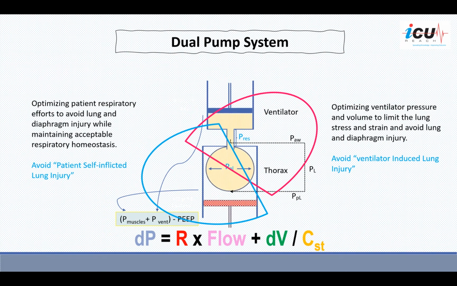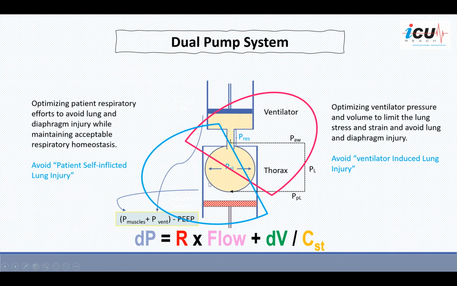On the other hand, we need to optimize patients' inspiratory efforts to avoid lung and diaphragmatic injury while maintaining acceptable, reasonable homeostasis. This is to avoid patient self-inflicted lung injury.